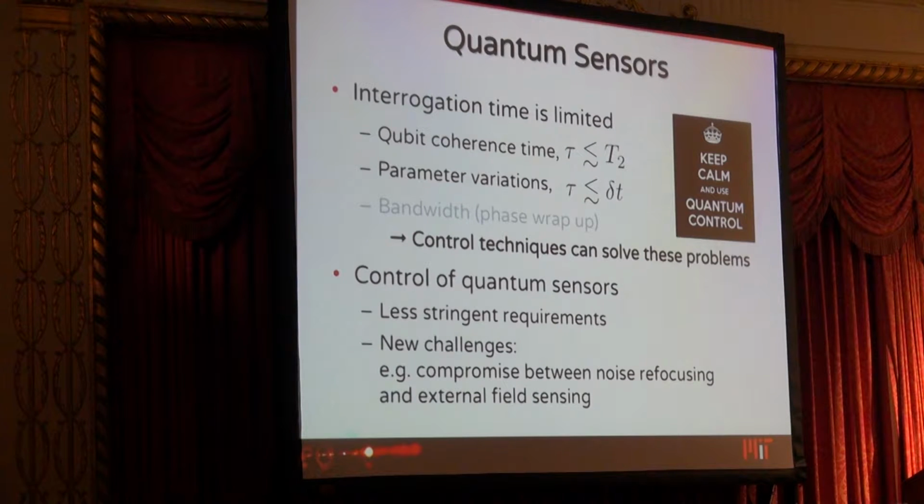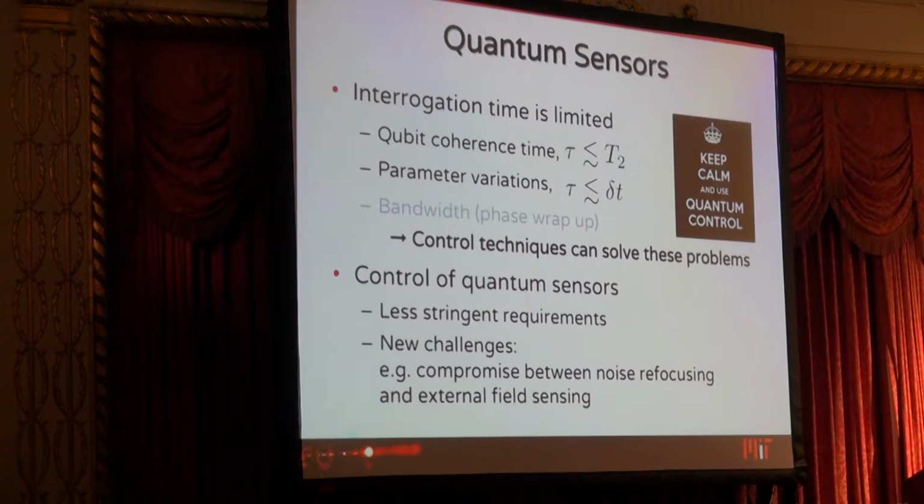So what can we do to control quantum systems? People have been controlling quantum systems for a long time in various applications. And most recently, for the goals of quantum information, there has been a lot of advancement in the techniques for controlling systems. Now, what I'd like to do is instead control a quantum system with the goal of using it as a quantum sensor. So I have maybe some less stringent requirement. I do not need, for example, universal control.